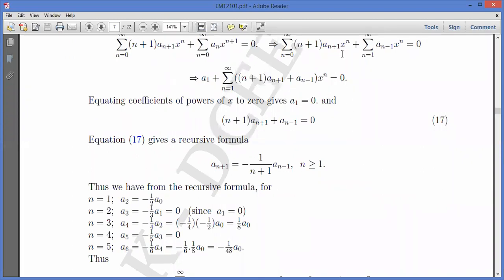There is a question: how do we know the value of n on which to stop? For example, here we went up to n equal to 5. Remember, n runs from 0 to infinity. So if you go up to n equal to 5, that is good enough. Remember, some values of a may go to 0.